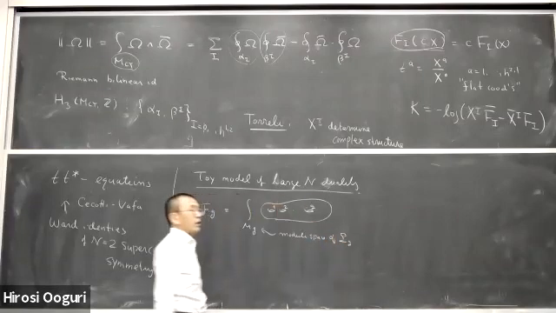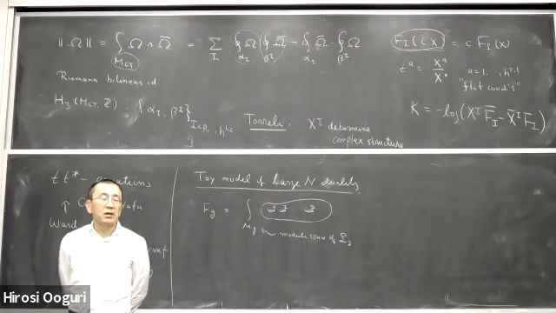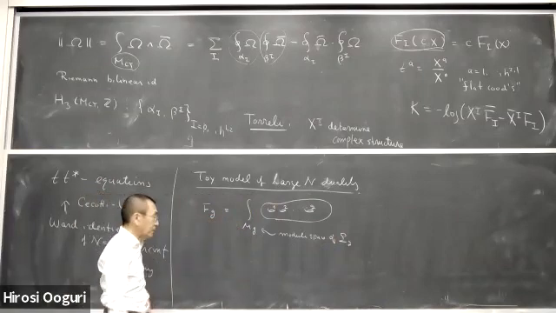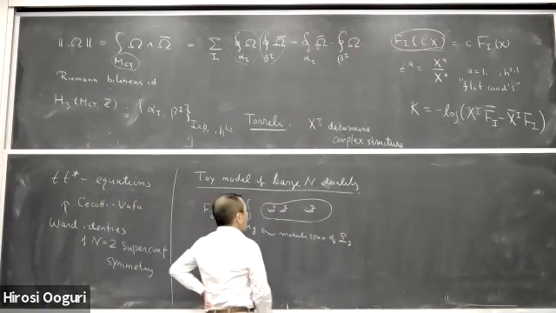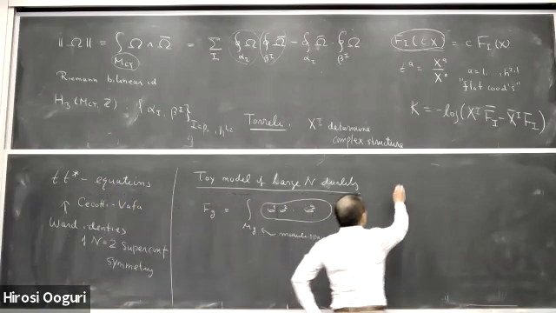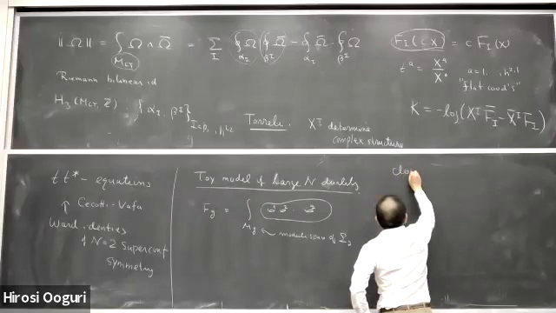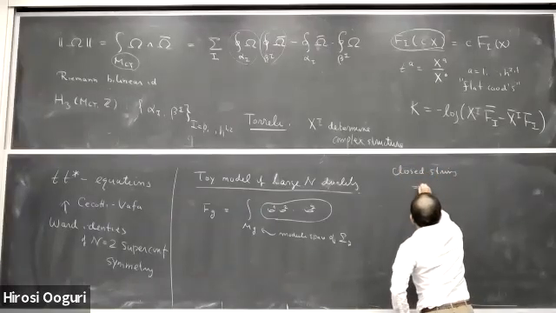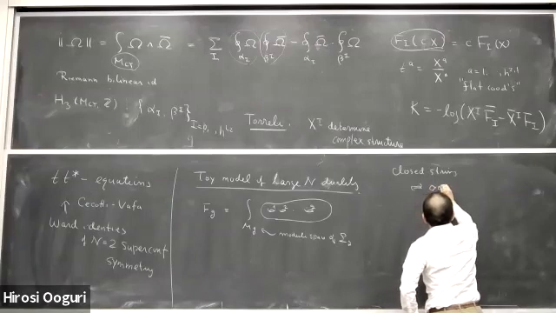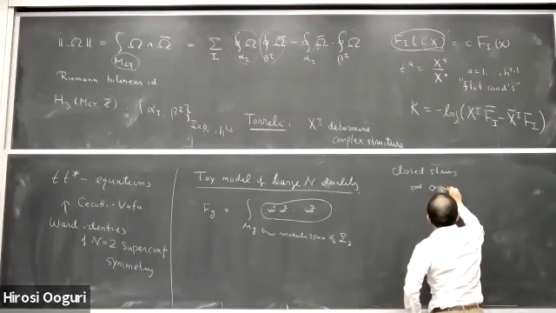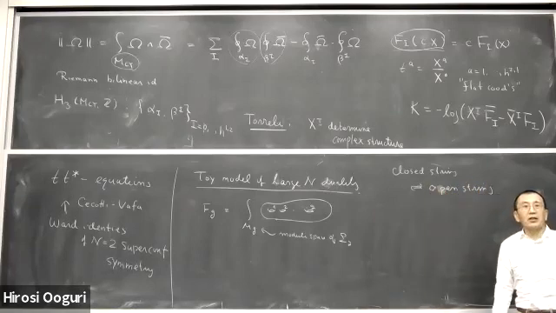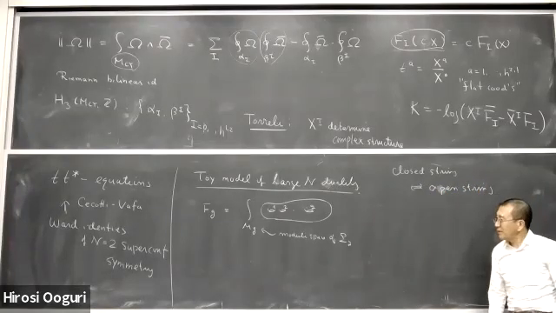So you calculate the g-loop string amplitude, integrate that over moduli space, and define F_g. But large N duality relates closed string, which contains gravity, to open string, which contains gauge theory. Large N duality is also a duality between closed string and open string.